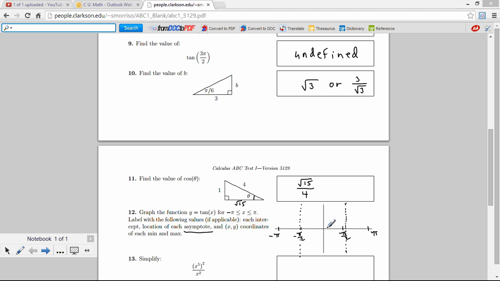Right? And then from 0 to 90 degrees in the first quadrant, the tangent graph looks like that. And again, it becomes asymptotic with the line x equals pi over 2. As you move into the second quadrant, the tangent is negative. It rises up as it approaches 180 degrees, and at 180 degrees, it has a value of 0.